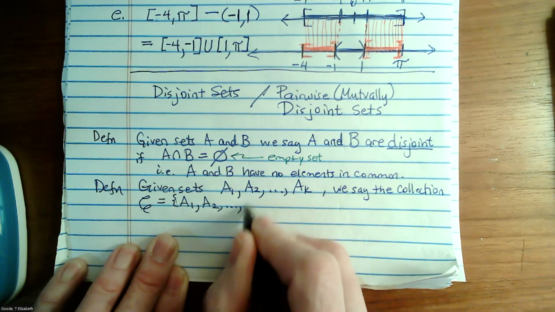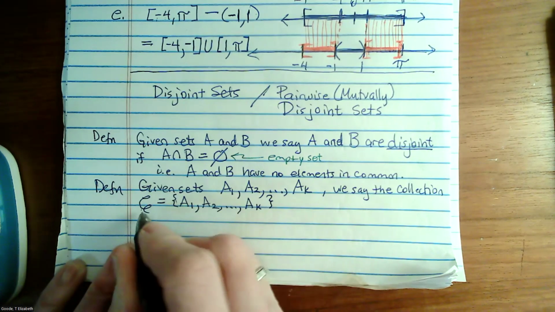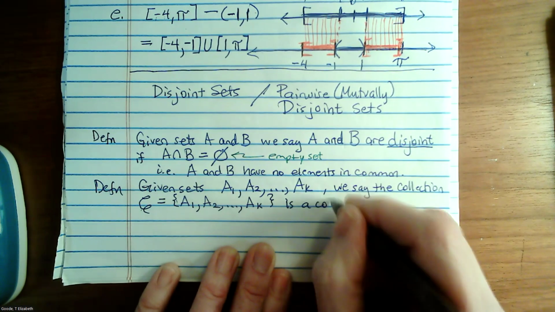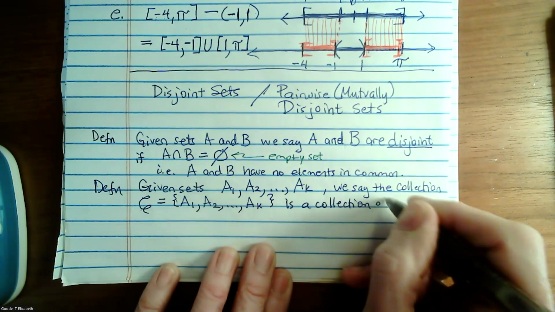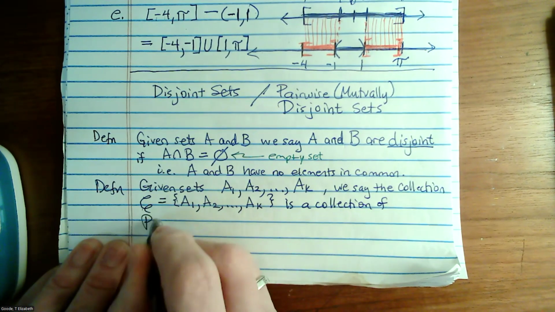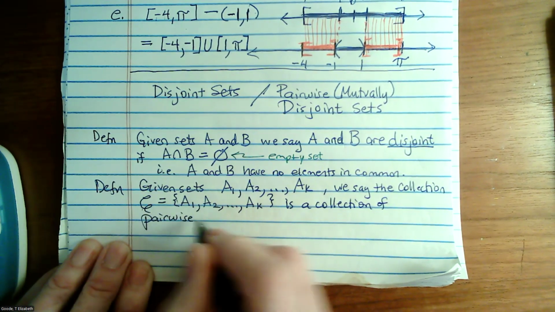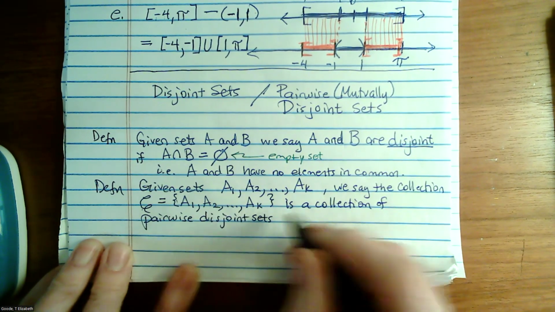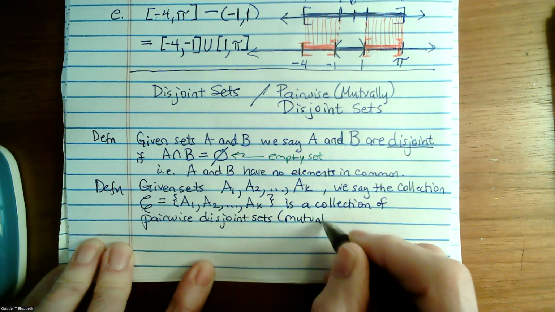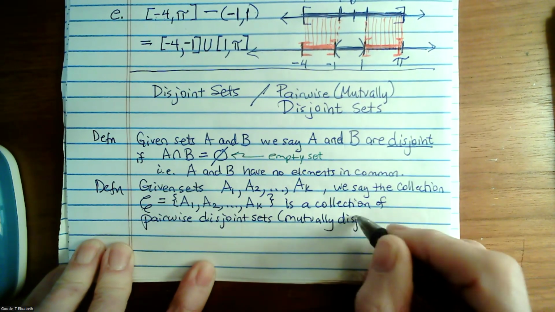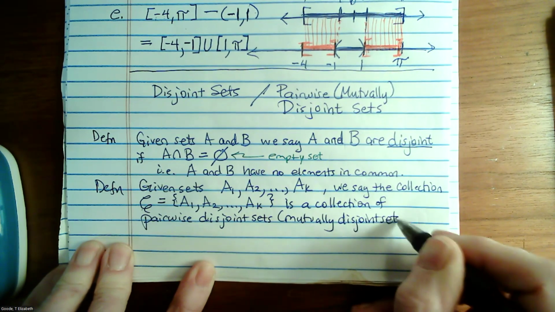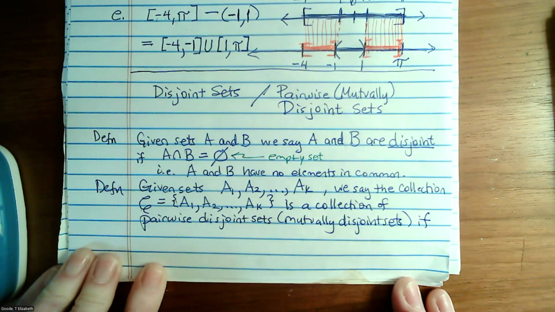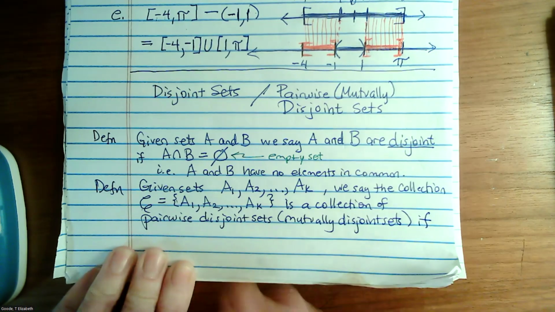We often use curly names for sets of sets. C is a collection of pairwise disjoint sets, or mutually disjoint sets, if, and here's the way we try to say that, if you take any two of them and look at their intersection, that intersection is empty.